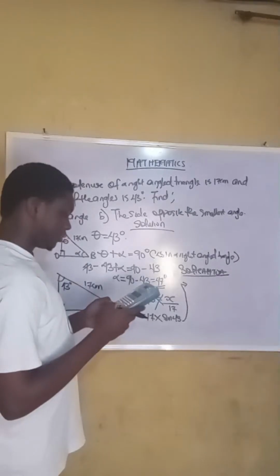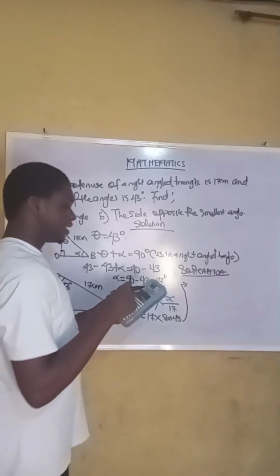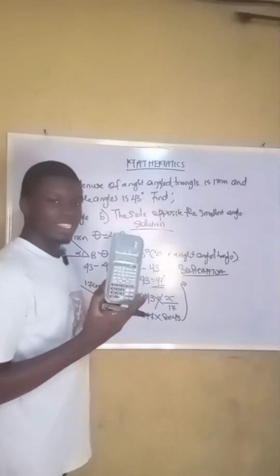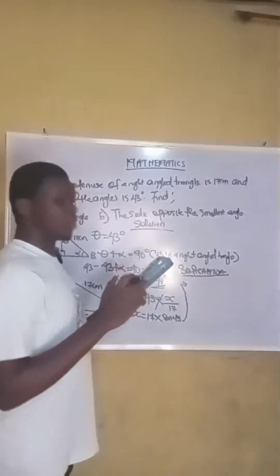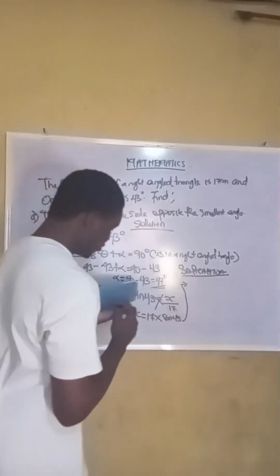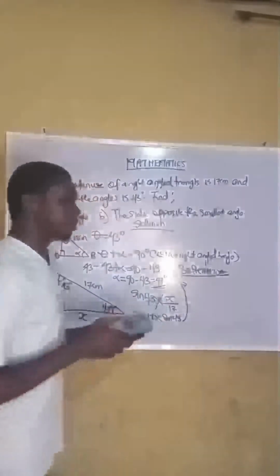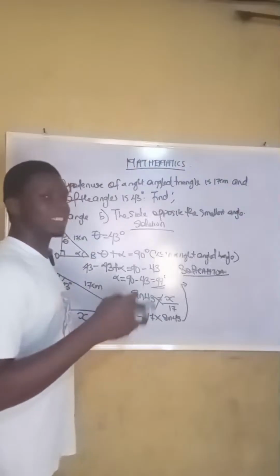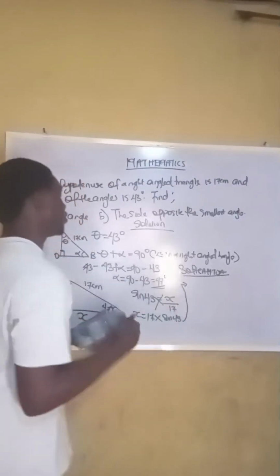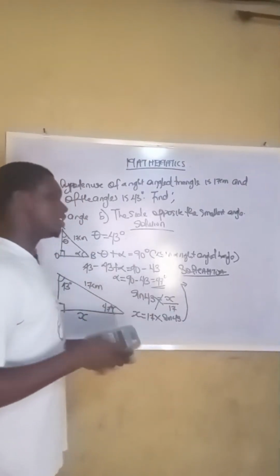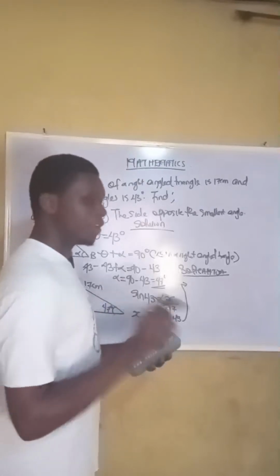Let's first look for the value of sine 43. Sine 43 is 0.68199. Normally in mathematics, when finding values for sine theta, cos theta, tan theta, we take it to 4 decimal places for accuracy.